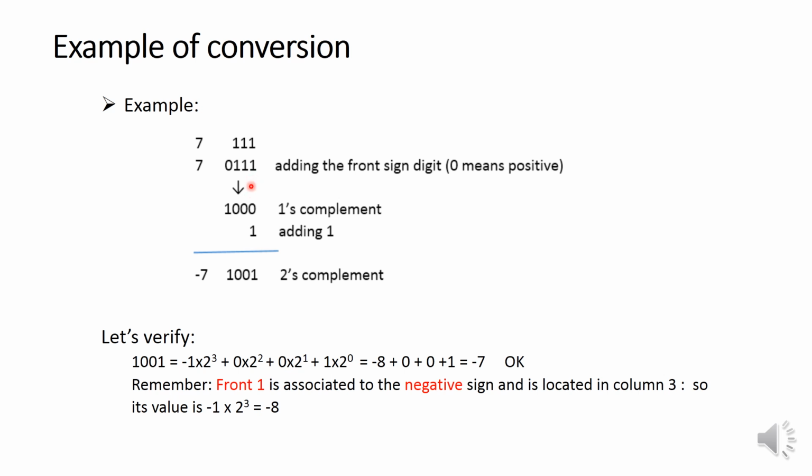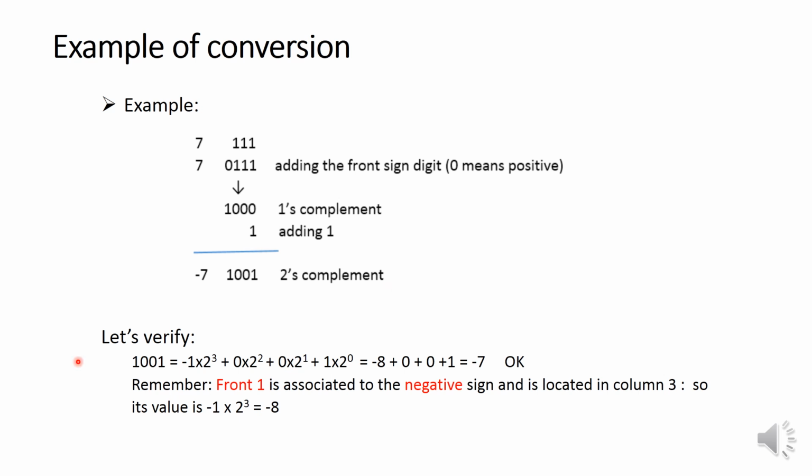So 1 is 0, 1 is 0, 1 is 0, 0 is 1. And we get the 1's complement. And adding 1, we get the 2's complement. The result is 1001, which is minus 7 in 2's complement form.